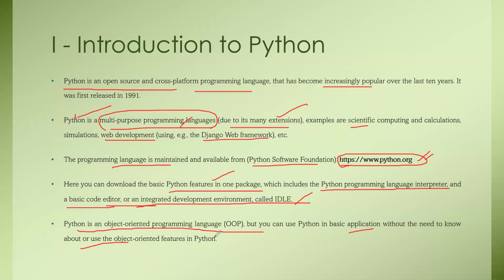But Python supports object-oriented programming based upon the requirement. Whether you want to use OOPS concepts or not depends upon your requirement. You can prepare a basic Python application without OOPS concepts also. Or if some critical applications or business requirements need object-oriented programming, you can use that feature. So that's why it is considered a versatile language.